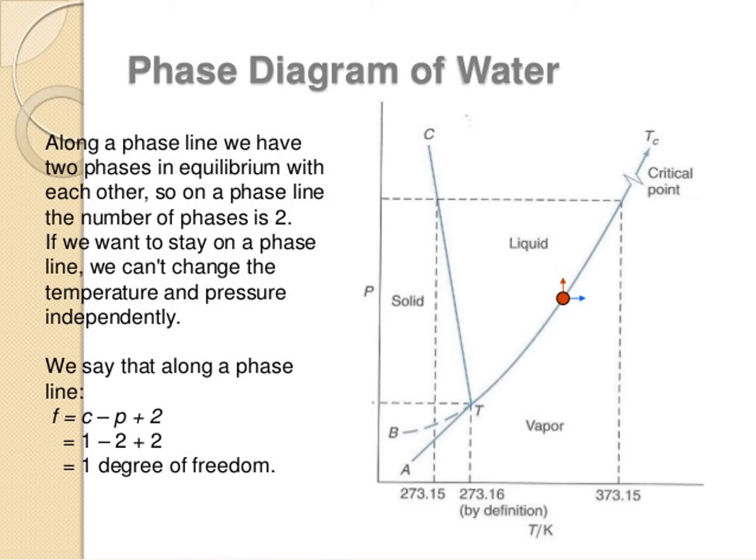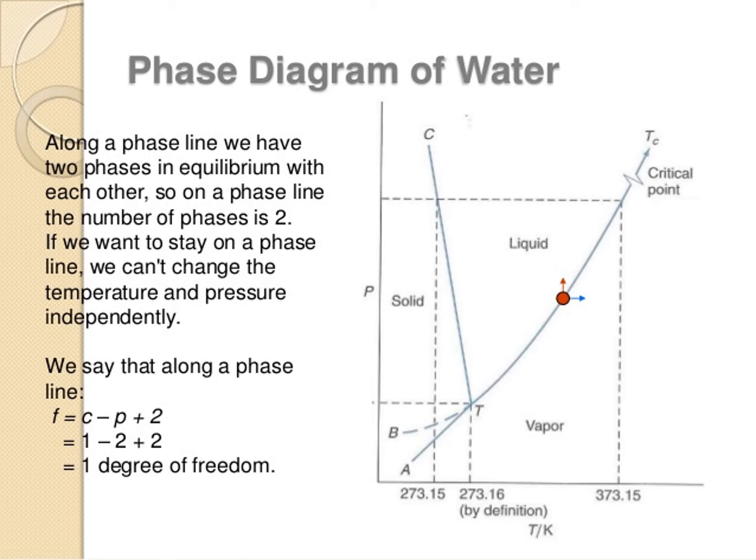The water system also has a solid area, liquid area and vapor area. This is the critical point, TC, this is the triple point, and these are the curves A, B and C.